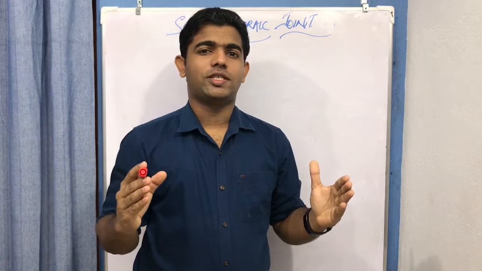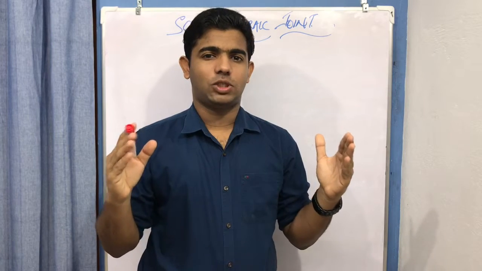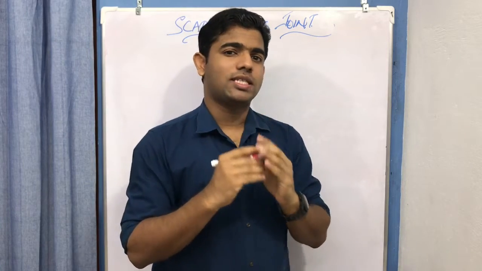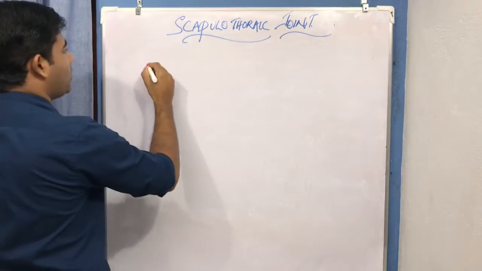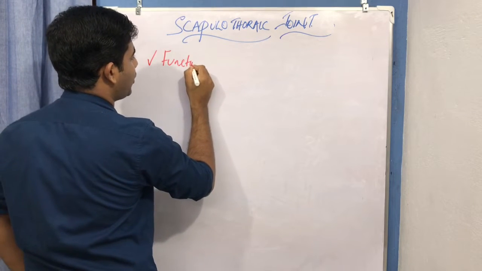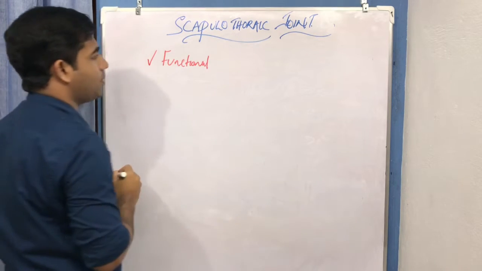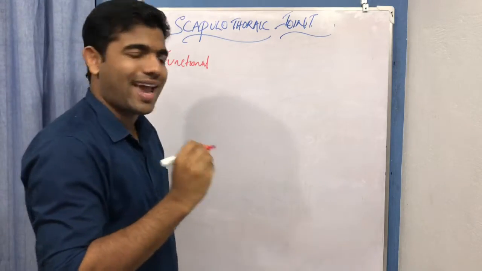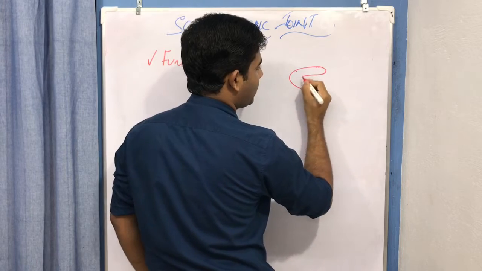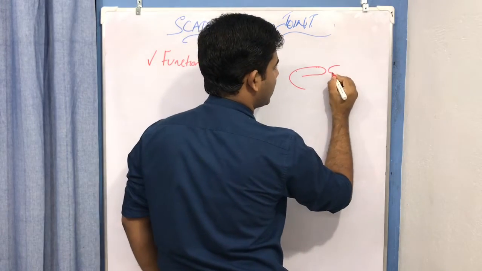We are going to discuss the scapulothoracic joint, and as I told you, it is quite different from other joints because it is a functional joint rather than an anatomical joint. What do you mean by anatomical joint? For example, we saw the acromioclavicular joint, the acromion process and the clavicle.